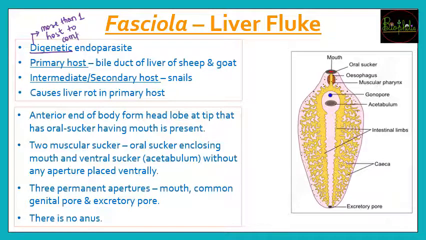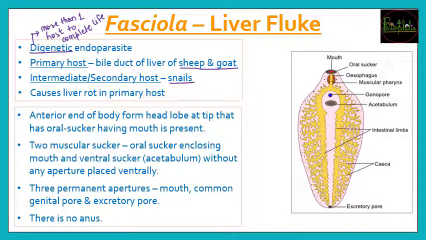So जैसे if you consider liver flukes, they need two hosts, that is going to be first the primary host, that is the sheep or the goat, और intermediate या second host होता है that is snails. So यहाँ पे कितने दो host लगे to complete the life cycle. So that is going to be the meaning of digenetic life cycle.